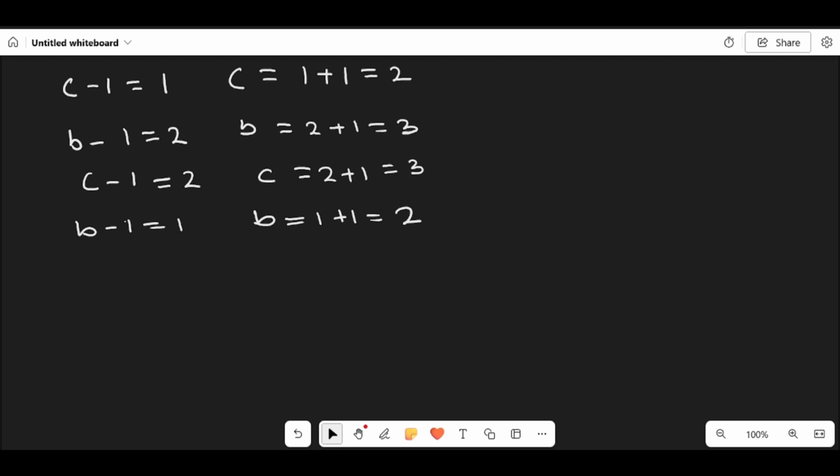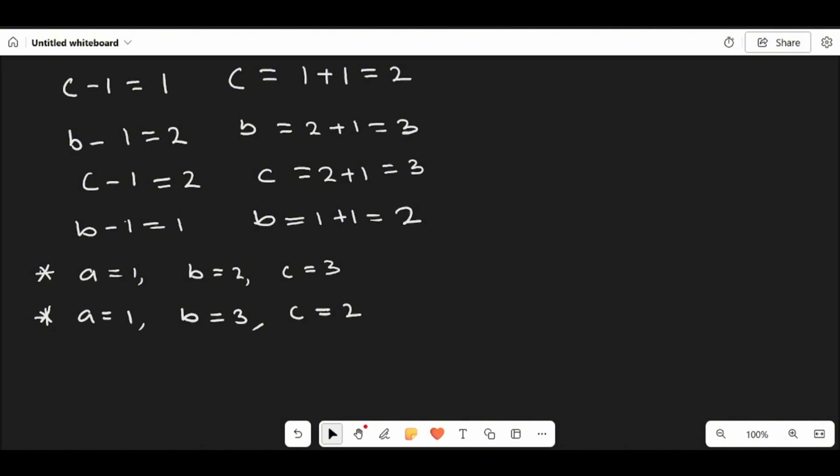That gives us two valid sets. The first set is a equal to 1, b equal to 2, c equal to 3. The second one is a equal to 1, b equal to 3, and c equal to 2.